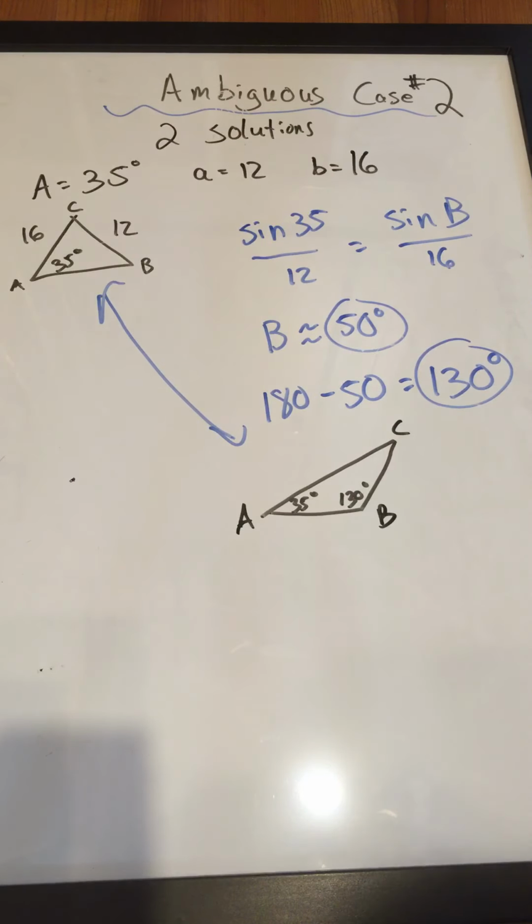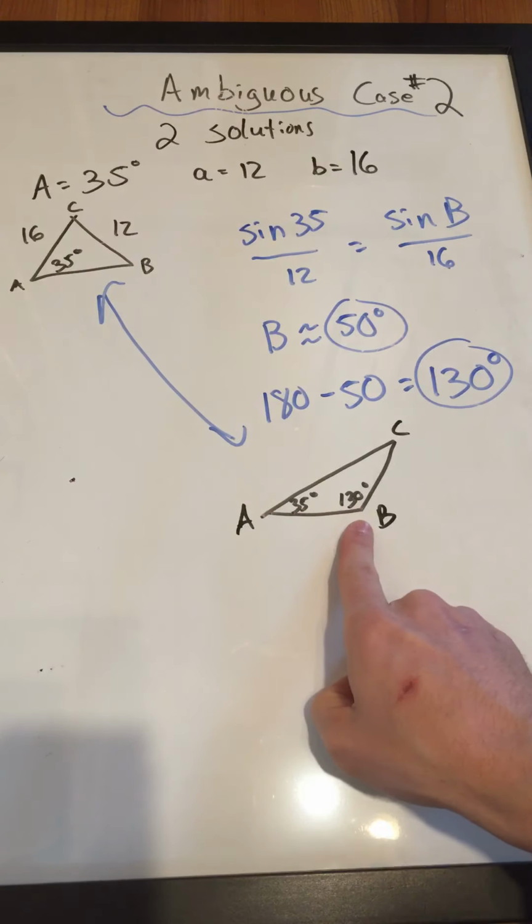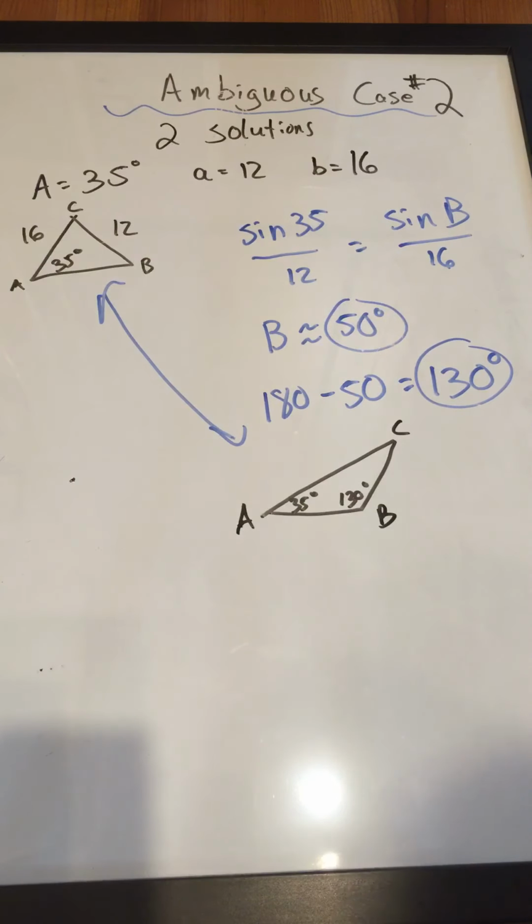Therefore, I have two solutions, and I could go ahead and solve for angle C by, in this case, 35 plus 130 is 165, so angle C has to be 15 degrees. Or I can solve for angle C up there as well. When we solve these problems, be on the lookout for one solution, two solutions, or no solutions. I'll show you a no solution problem in our next video.